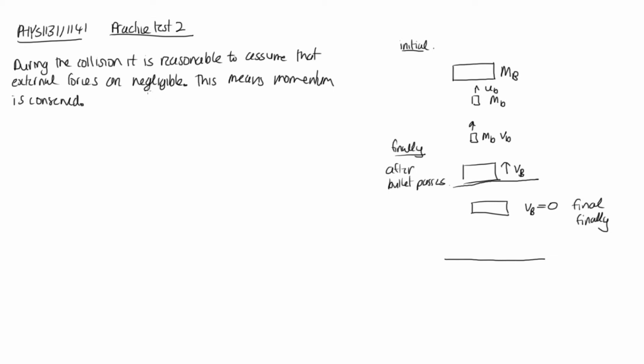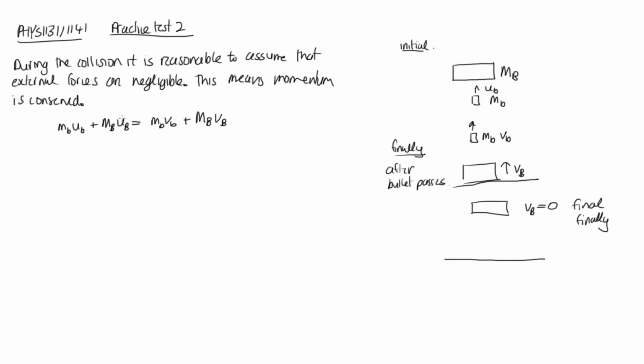So we can write this down as an equation that the mass of the bullet times the initial velocity of the bullet plus the mass of the block times the initial velocity of the block is equal to the mass of the bullet times the velocity of the bullet plus the mass of the block times the final velocity of the block.